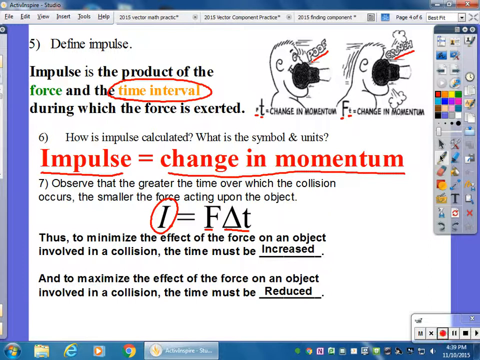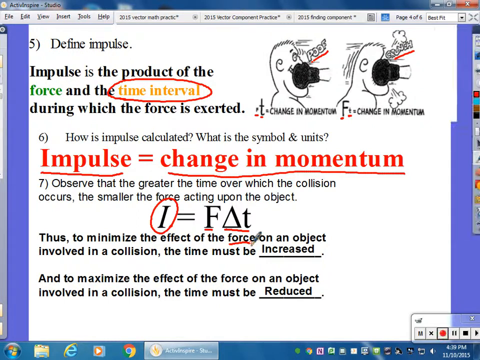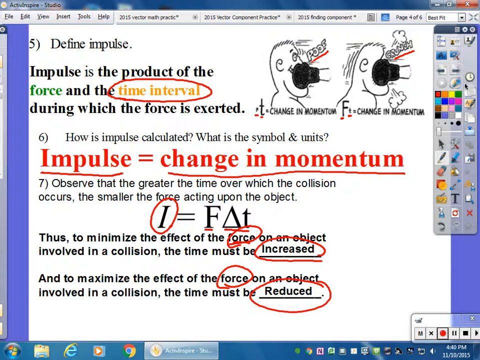So it changes your momentum slower. Okay, so here we go. It says, thus, to minimize the effect of the force on an object involved in a collision, the time must be increased. So if you want to reduce the force, you increase the time. If you want to maximize the force, then you reduce the time.